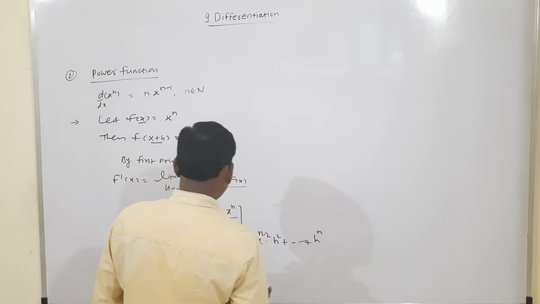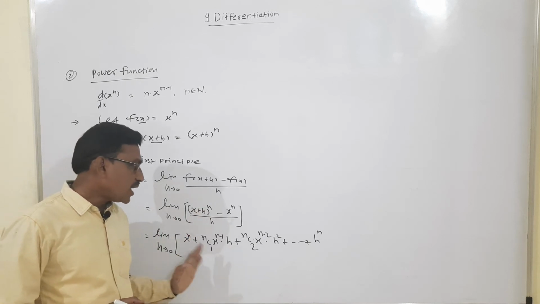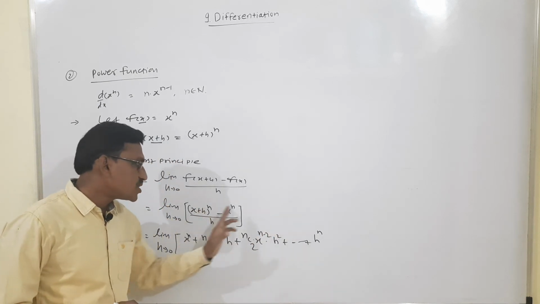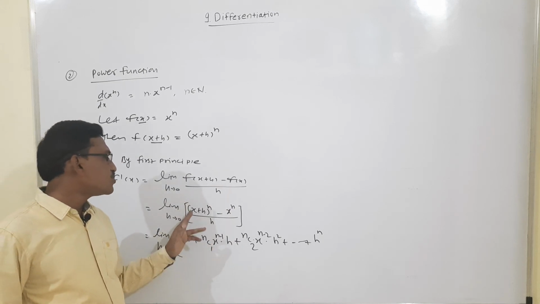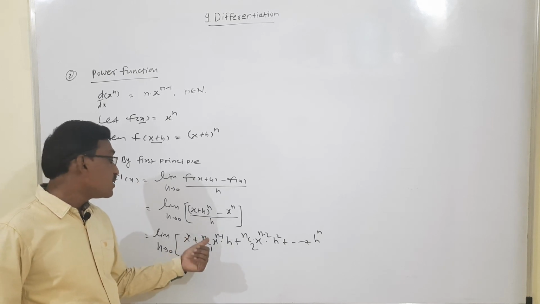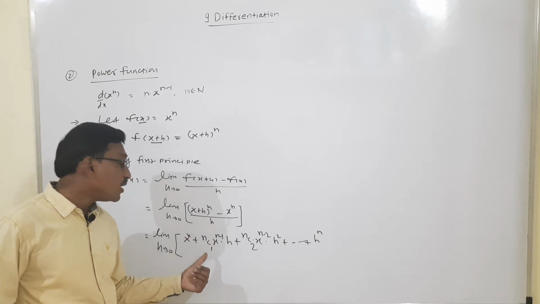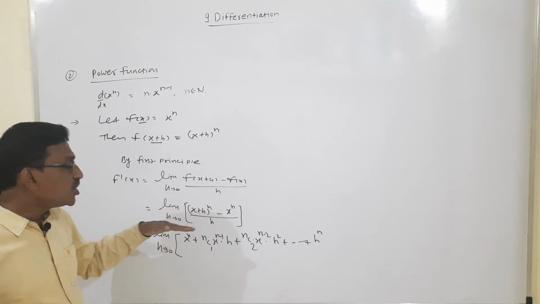In the binomial expansion, the first term is x raised to n and the last term is h raised to n. So the second term is n combination of 1 into x raised to n minus 1. First term is x raised to n, second x raised to n minus 1, meaning the power of x is decreasing.